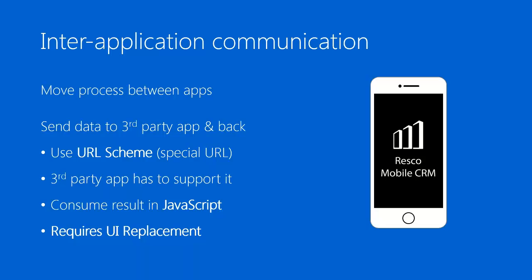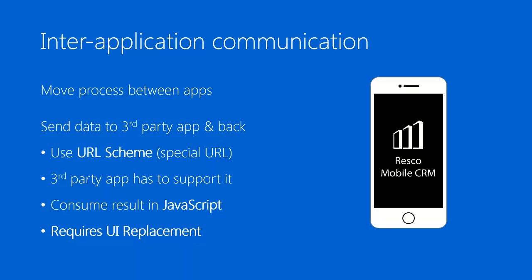How we can move the process between the apps, how we can send the data between these applications and make the users utilize both. In version 9.3, we have added a way to do just that. So to send the data and mostly to consume the data from a third-party app, which use URL schemes. It's a special kind of URL.